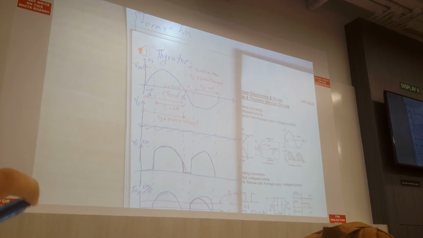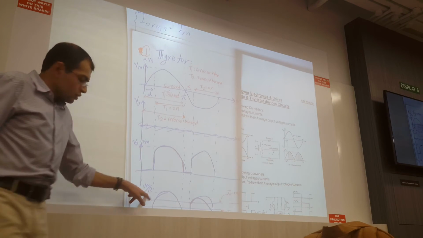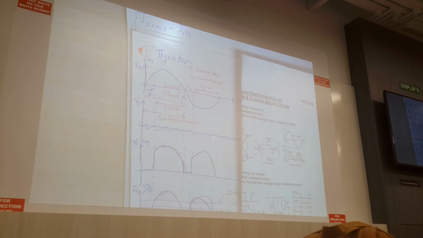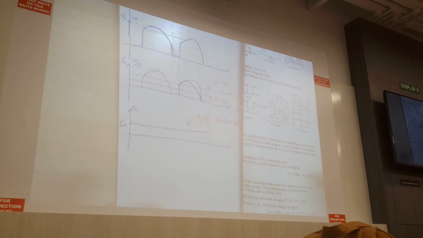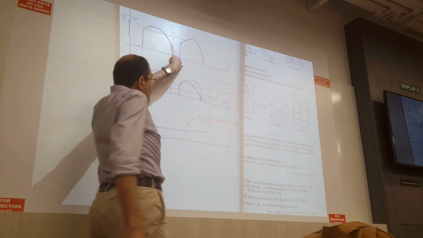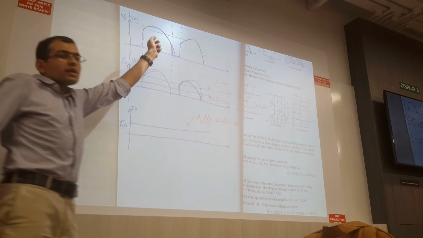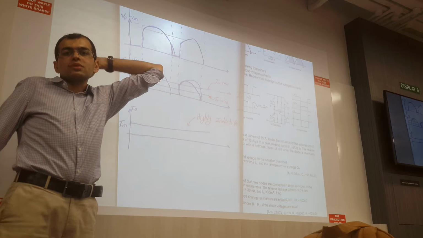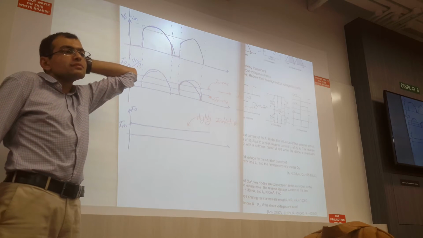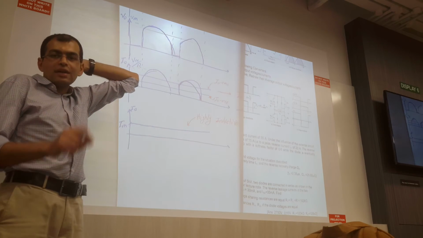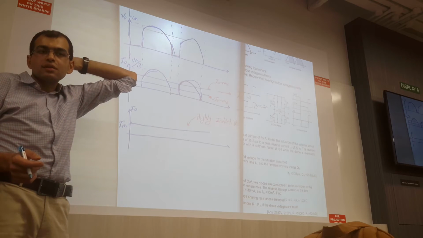Okay, now I have this output voltage. I want to draw the output current for a purely resistive load. How will that be? Exactly the same shape as the voltage, right?